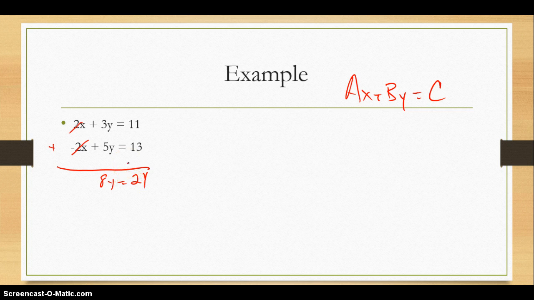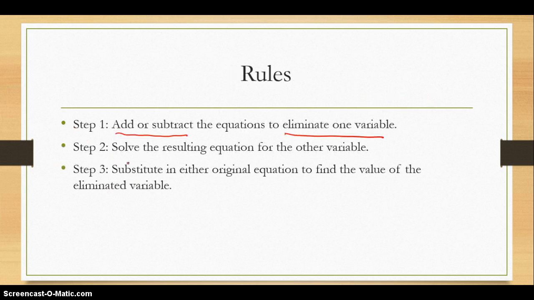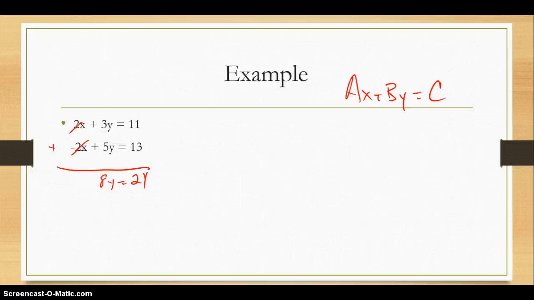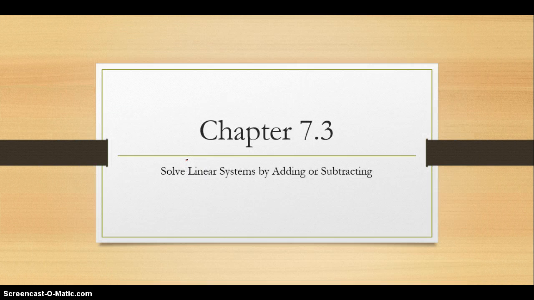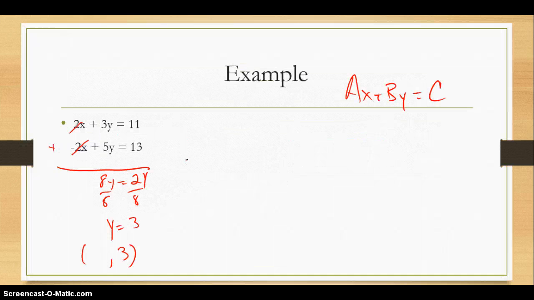Then step two is you're going to solve the resulting equation. Divide by 8, y equals 3. So in our ordered pair, we know that y is 3. Now plug it in. Then substitute in either original equation to find out what the value of x would be.